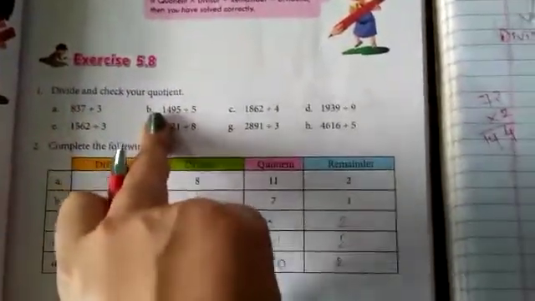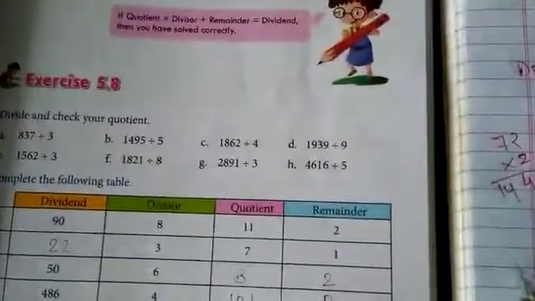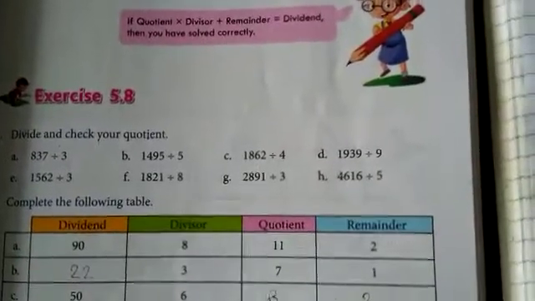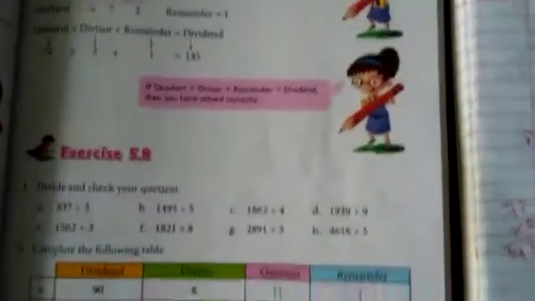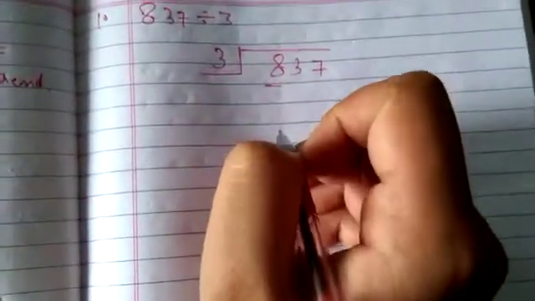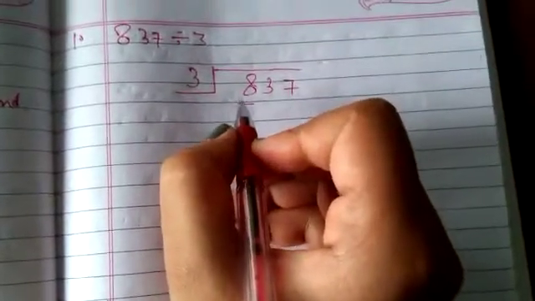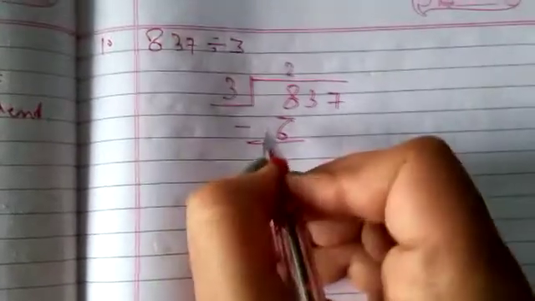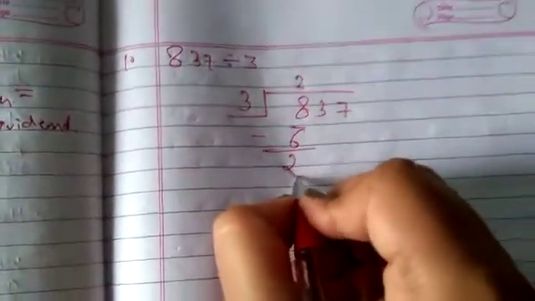Now see this exercise: divide and check our quotient. The first example is dividing 837 by 3. So again we will put 3 here, then 837. The first number is greater than 3. 3 twos are 6. Subtract this, 8 minus 6 will be 2.